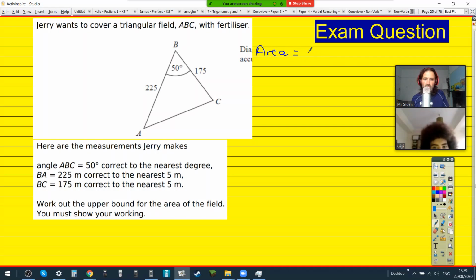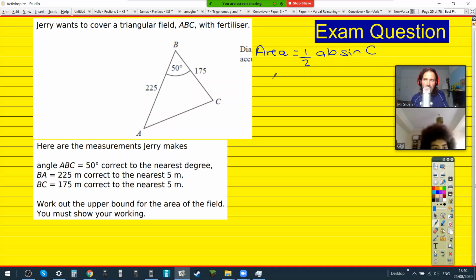How did you just find the area in the previous question? What's that formula? That's like half AB sine C. That's it. Half. Oh no, we don't have the angles.